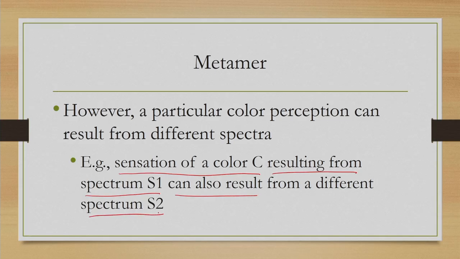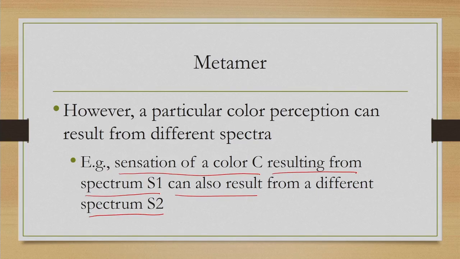That means we have a light source, it gets reflected from a point and comes to our eye. It has one spectrum which excites the three cone types in a particular way and gives us a sensation of color C. That does not mean that that is the only spectrum that can give us this particular sensation.